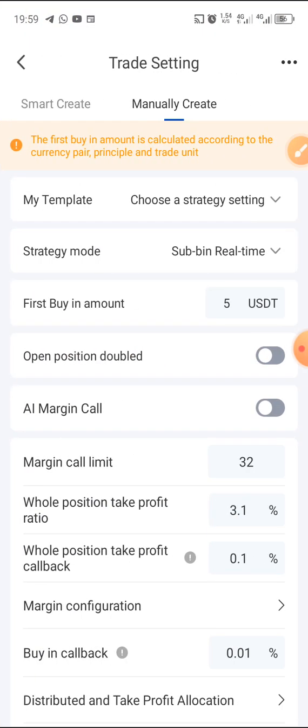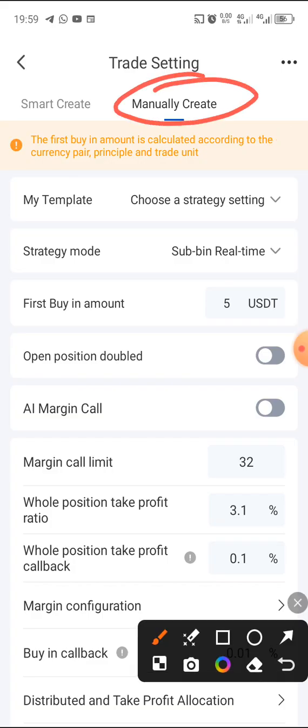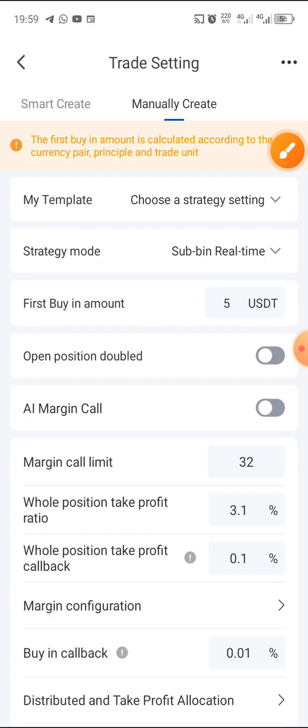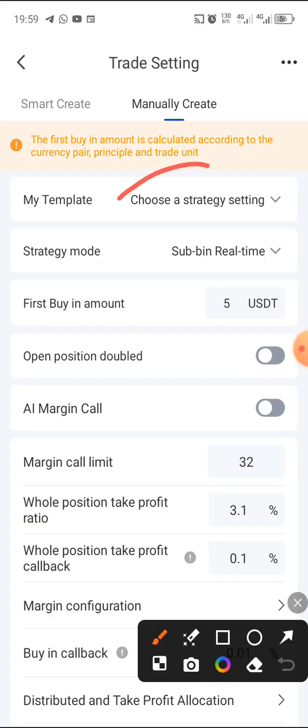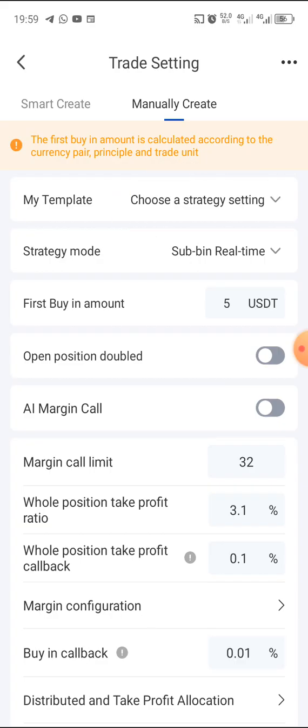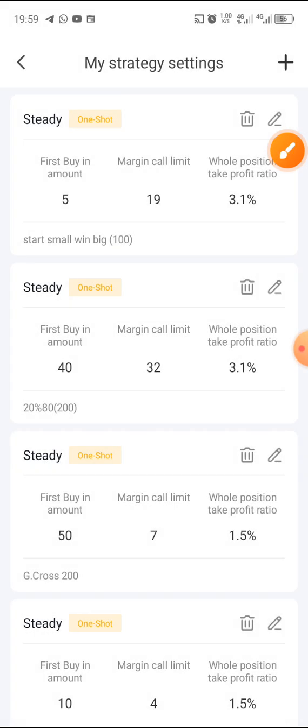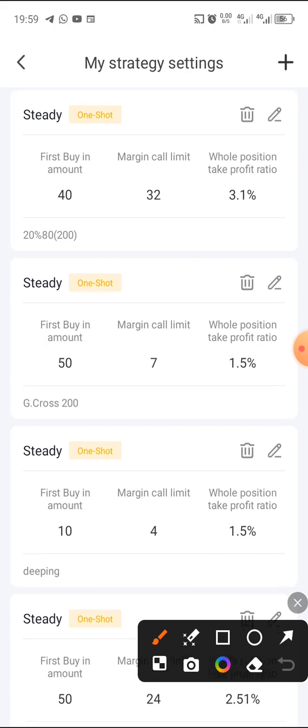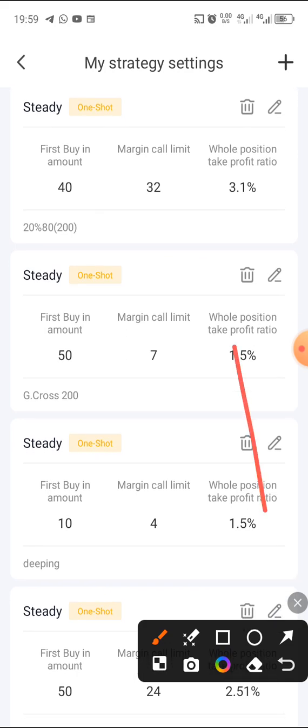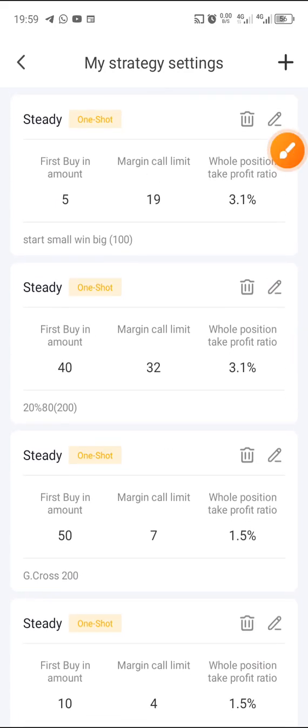I hope, guys, I'm not moving so fast. Come on trade settings, come on manually create. Come on my templates, then choose your strategy, the one we set here.